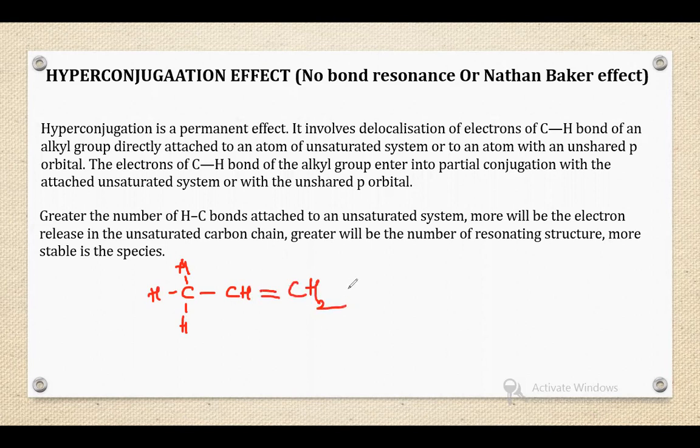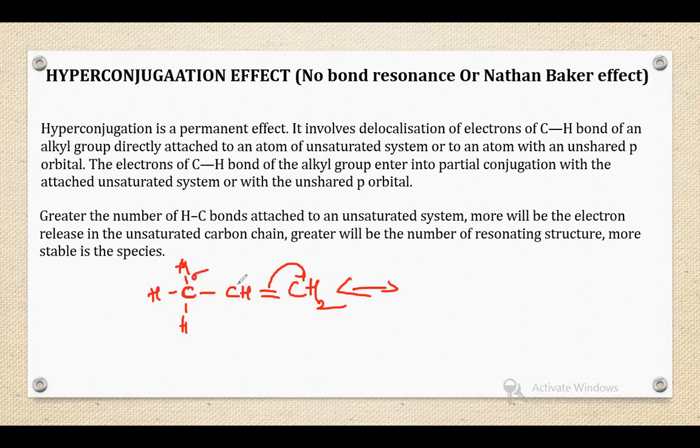If this is an unsaturated compound, what happens in it? In this alkyl group, the electron shifts to here, so any one carbon-hydrogen bond will break.